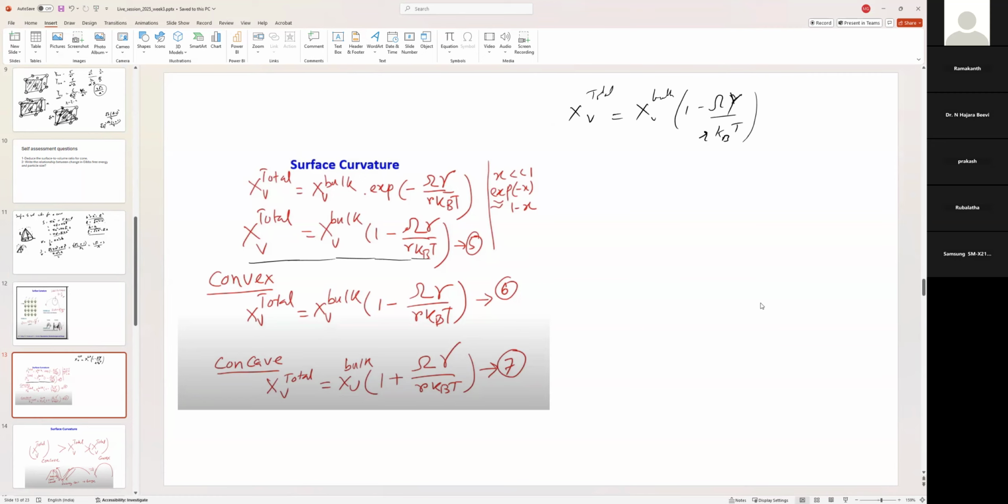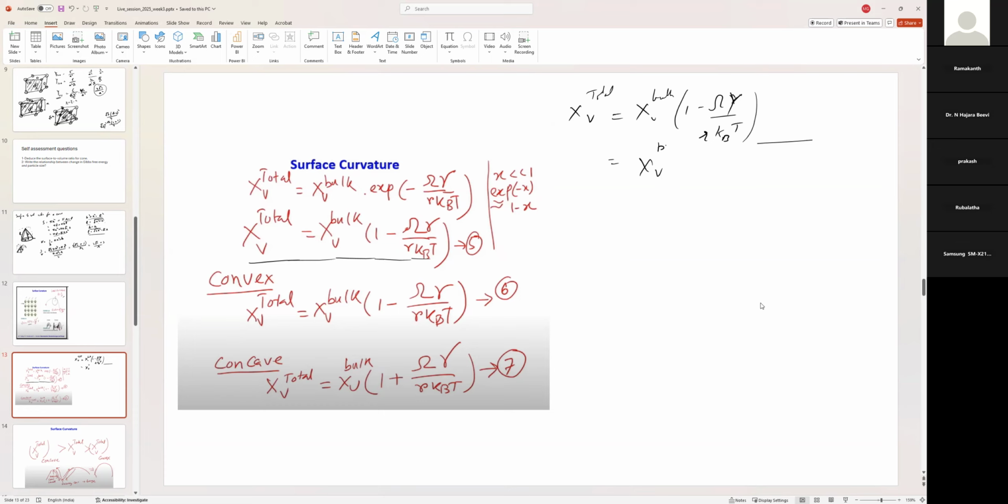If your r tends to infinity, you get a plane surface, and your total concentration becomes your bulk concentration.